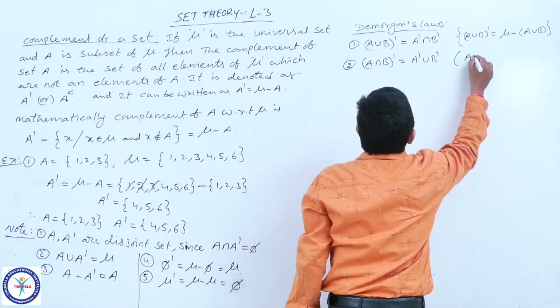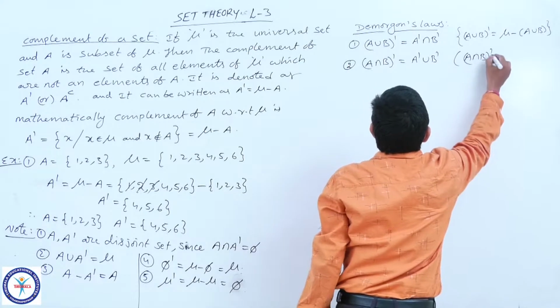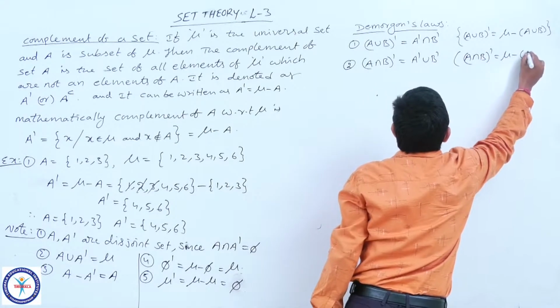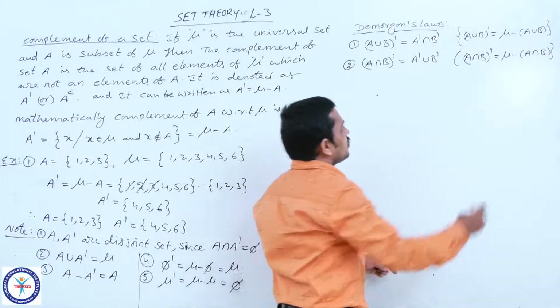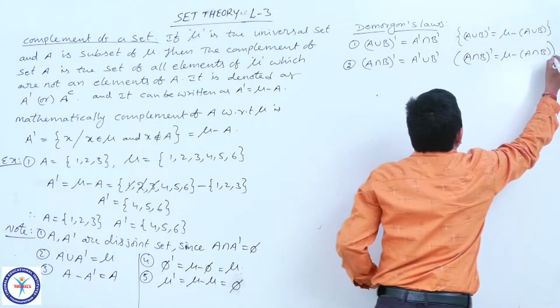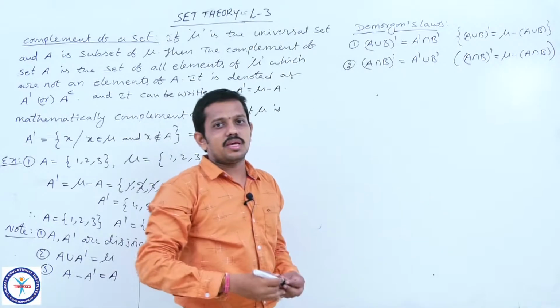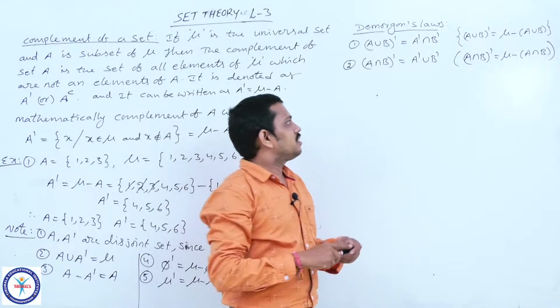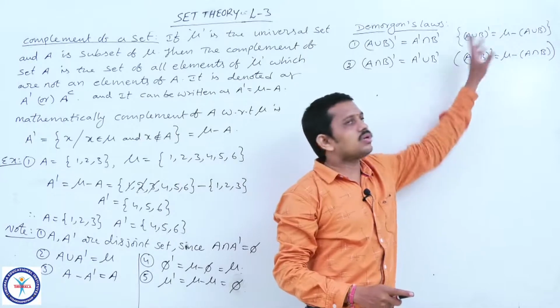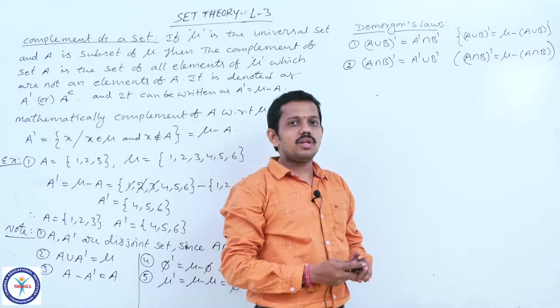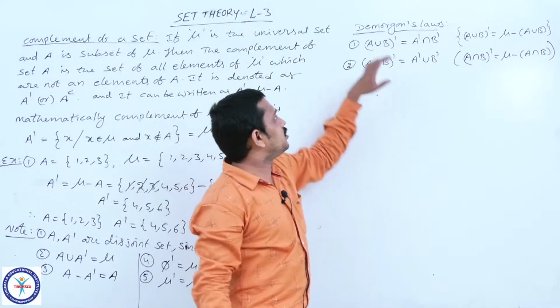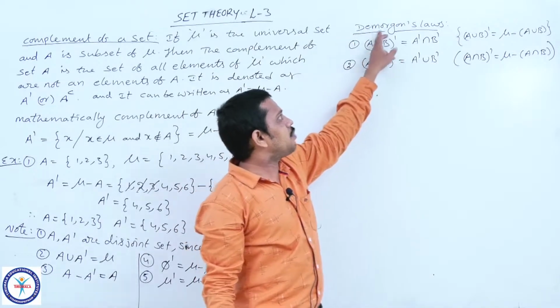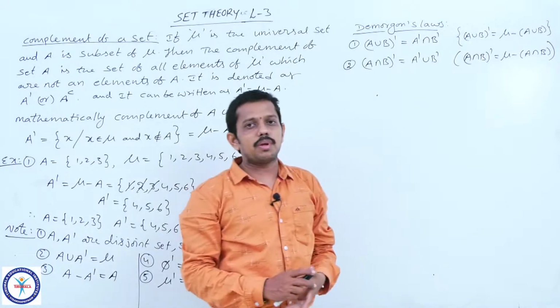Here A intersection B whole complement is equal to mu minus A intersection B. Means from the universal set, if we exclude the common elements in both A and B, we get a set which is equal to A intersection B whole complement. That set will be equal to A complement union B complement. These two are called De Morgan's laws of complement.